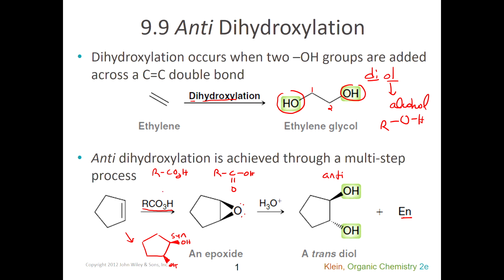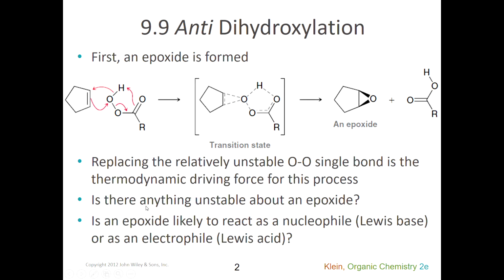A peroxy acid has an extra oxygen in there, 3 instead of 2. So a peroxy acid has an extra oxygen inserted in the OH part of the carboxylic acid group. And this is going to react much differently from how a normal carboxylic acid would react.